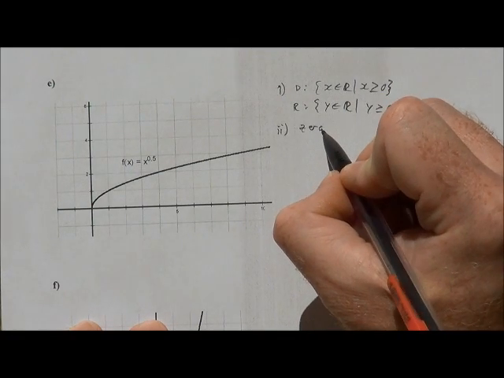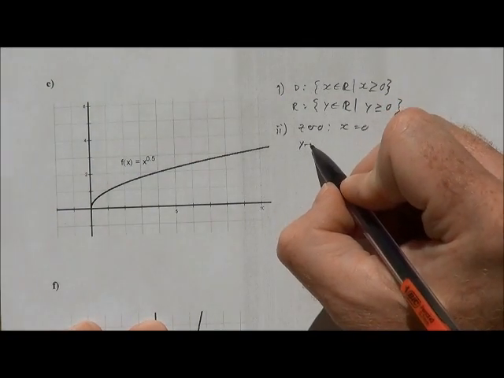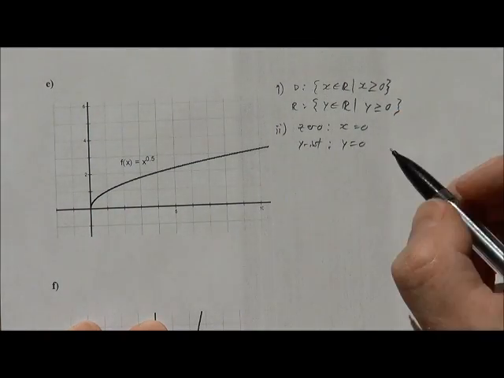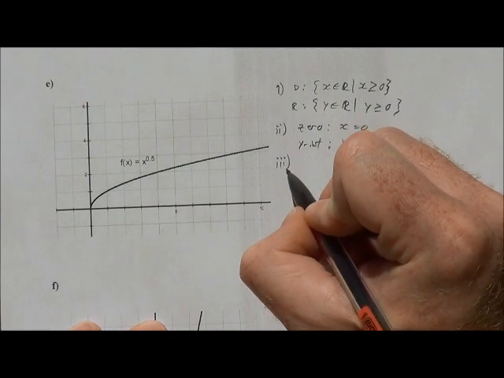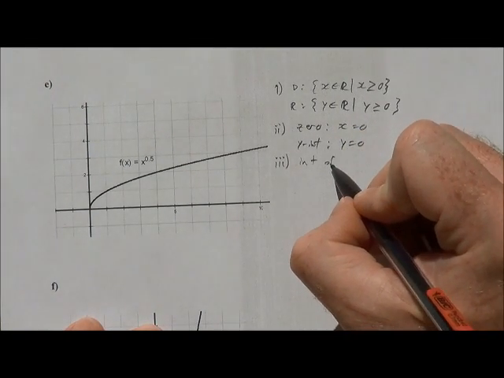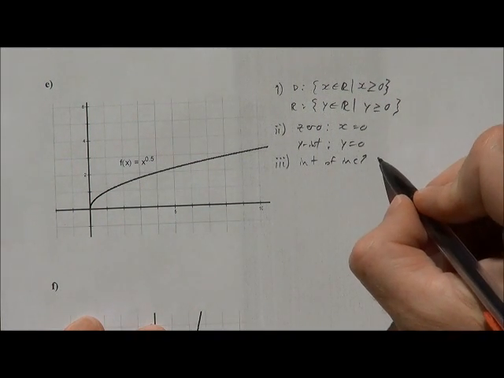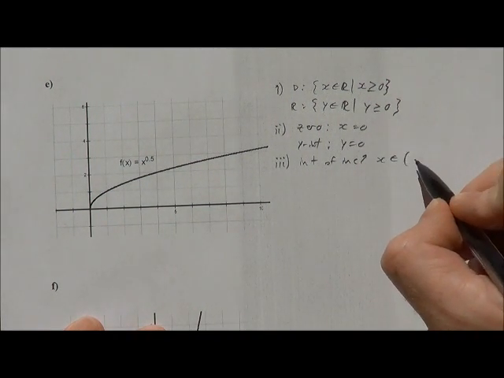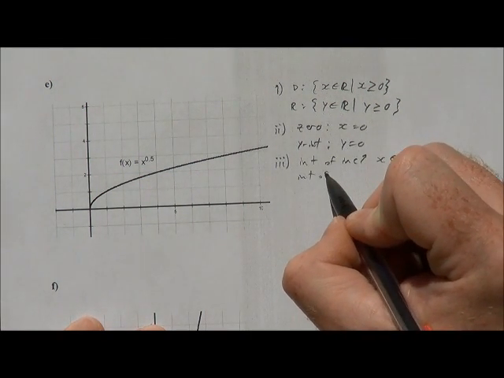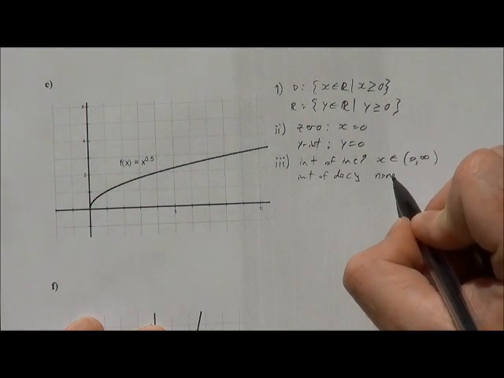Zero, x equals 0, y-intercept, y equals 0, interval of increase, x is an element of 0 to infinity, interval of decrease, okay, there is none.